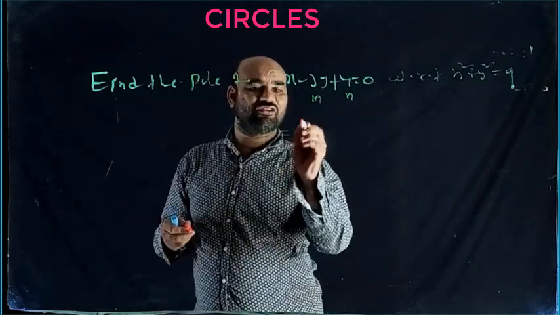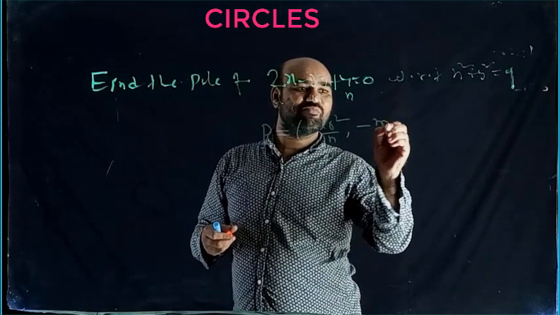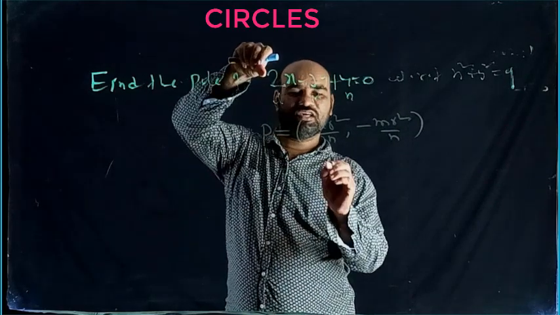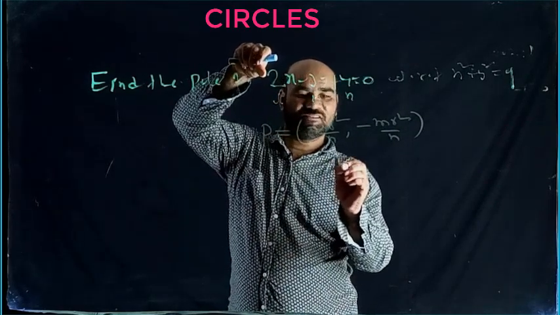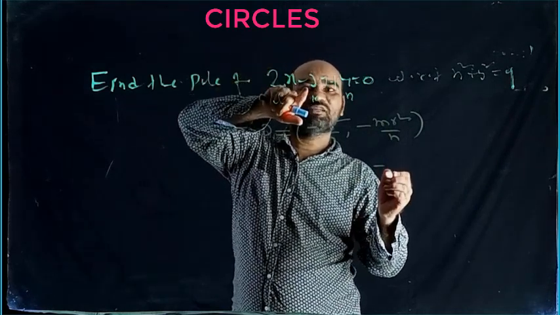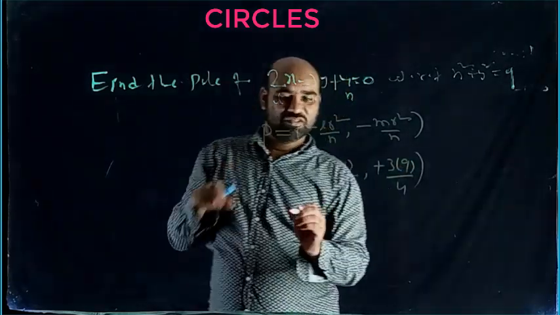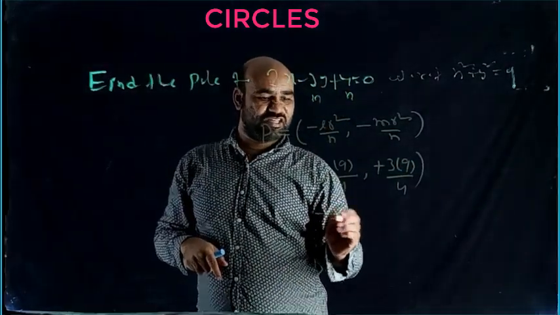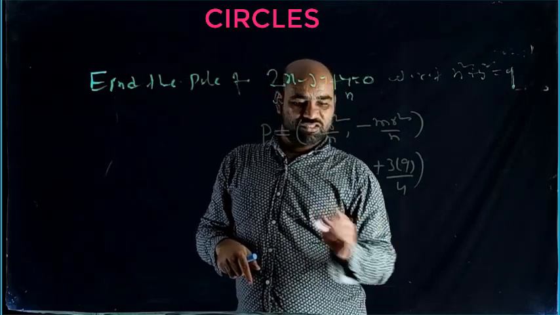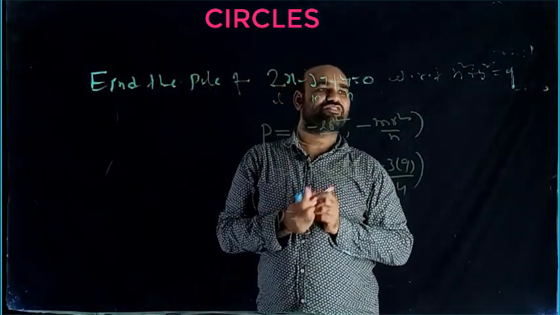Pole equal to minus L r square by n, minus M r square by n. That is minus L, which stands for 2 here, r square means 9, by n means 4, comma minus M, minus of minus 3, r square 9 by n means 4. This is equal to minus 9 by 2, comma 27 by 4. This is the pole of this polar with respect to the circle x square plus y square equal to 9.